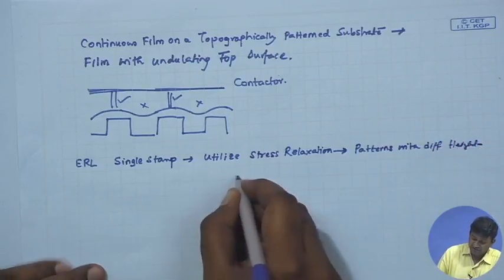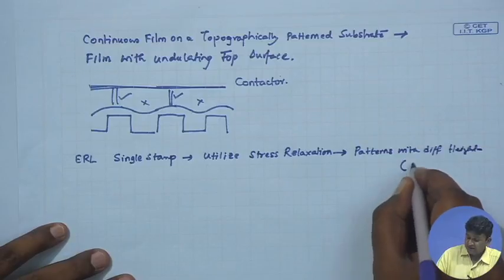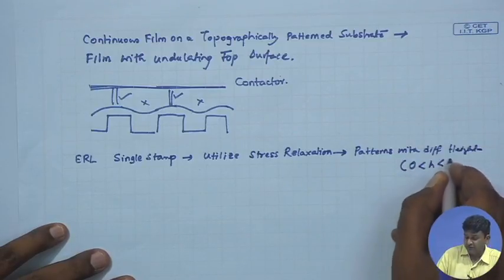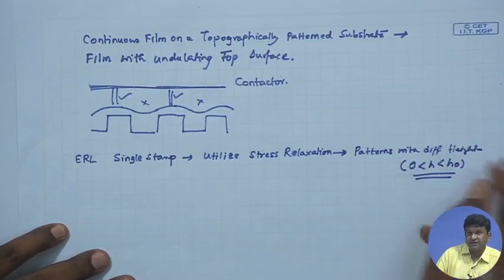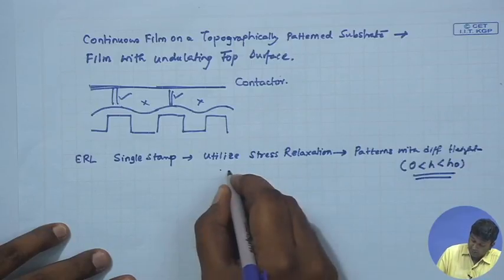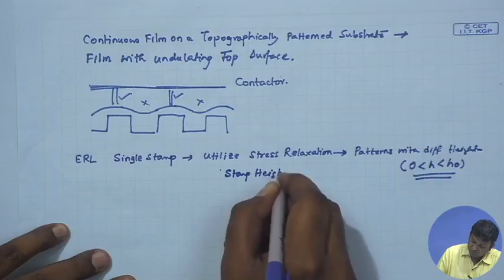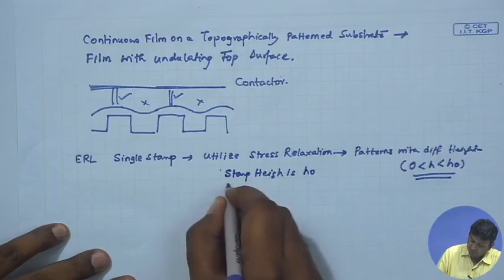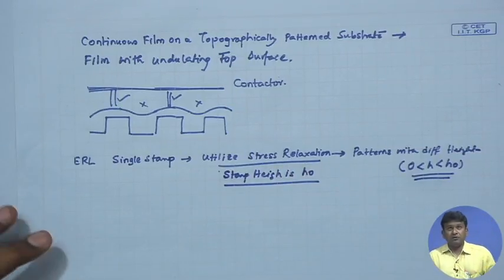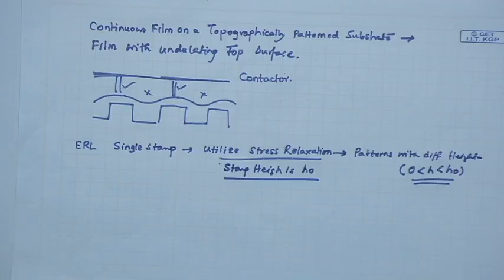All this we have achieved, but the limitation is the height of the patterns varies between 0 to 80, where stamp height is 80, right. And you now know adequate amount of soft lithography, nano imprinted lithography, etc.